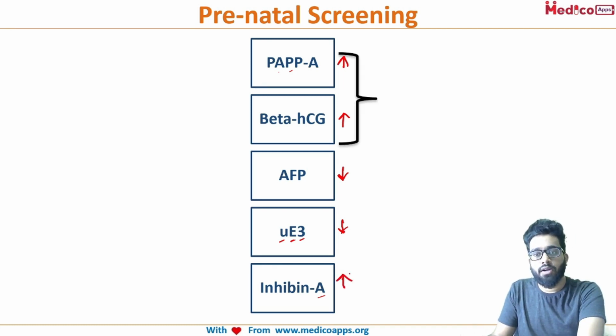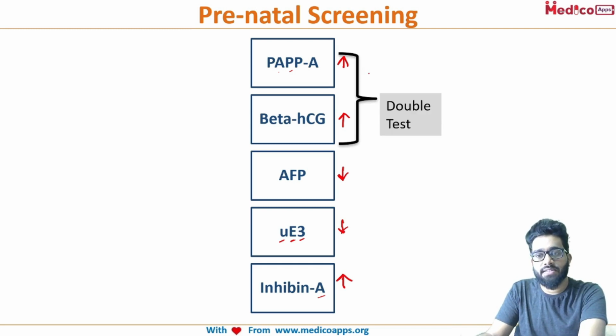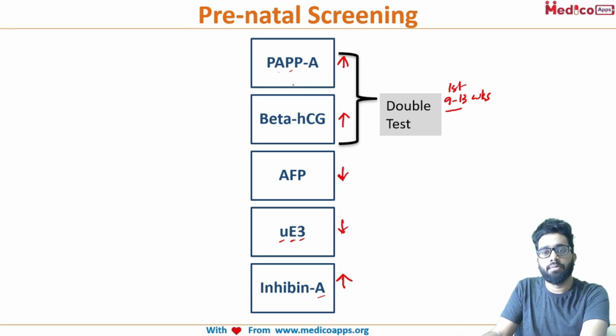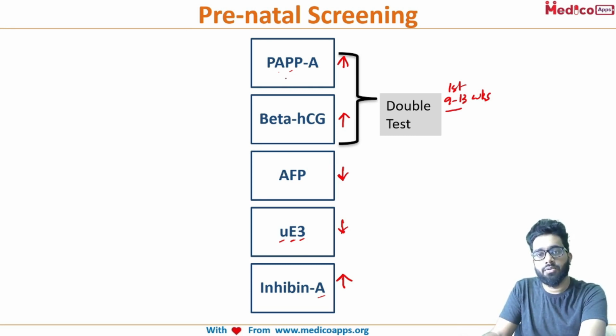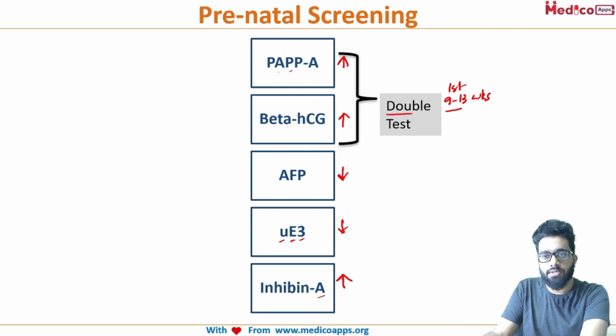Coming to the next thing, we have discussed this in the first trimester, somewhere between 9 and 13 weeks. You get a simple serum sample from the maternal blood and do this double test. You look for PAPP-A and beta HCG. This is called the double test, and both of these are elevated in Down syndrome.